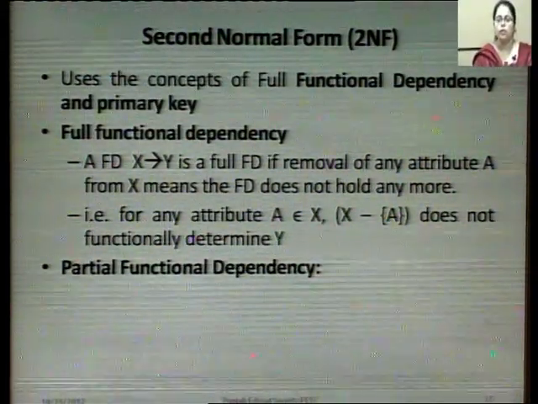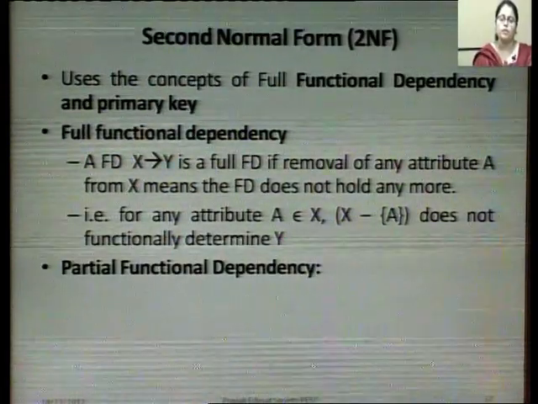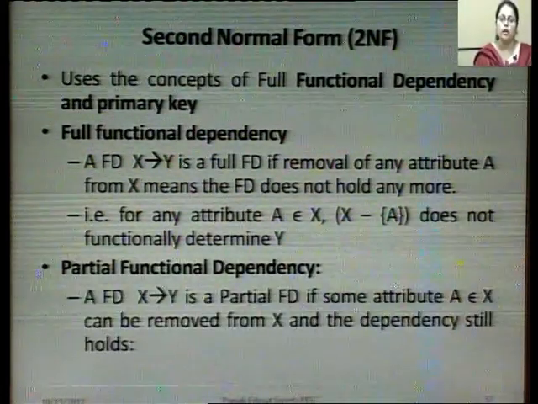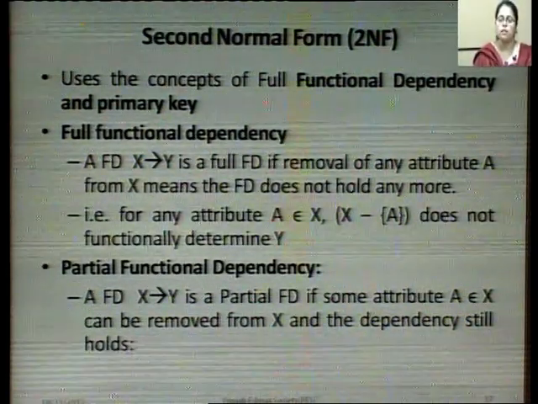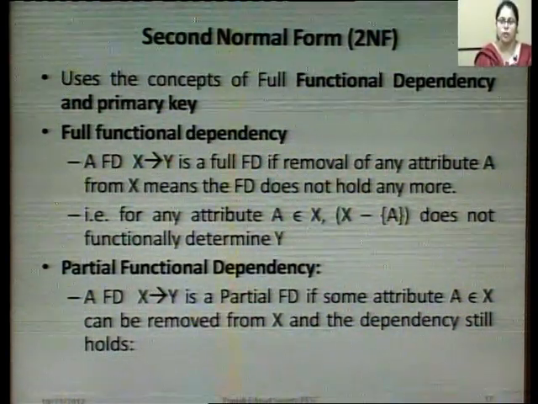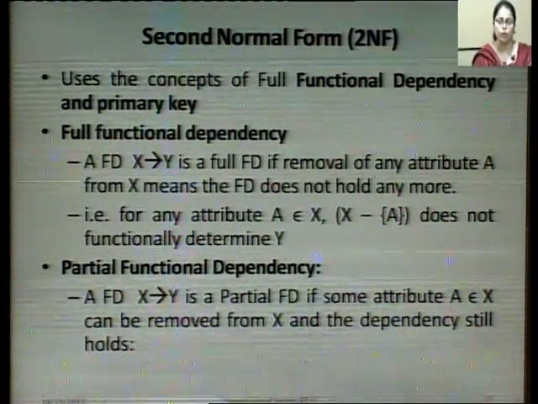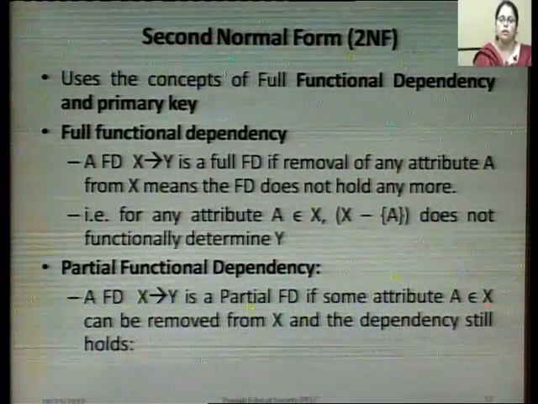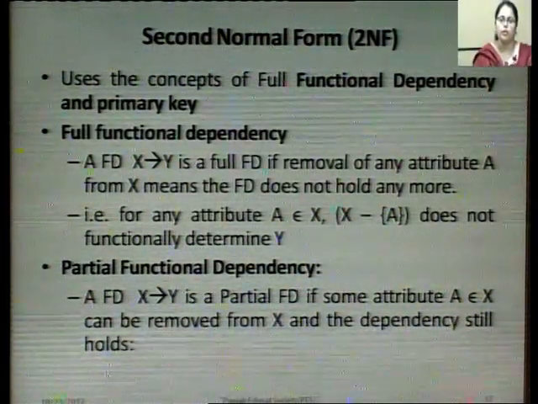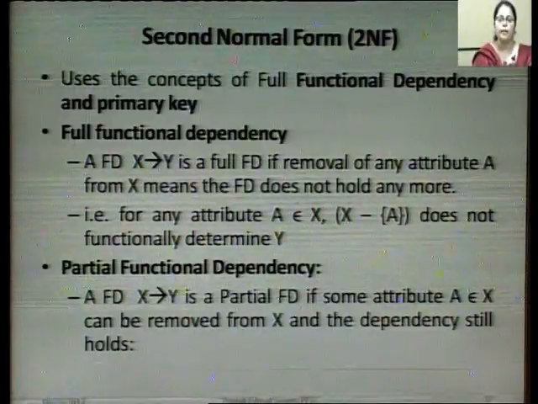On the other hand, the opposite of full functional dependency is partial functional dependency, which states that a functional dependency X to Y is a partial functional dependency if some attribute A belonging to X exists that can be removed from the determinant set, but still the dependency holds.